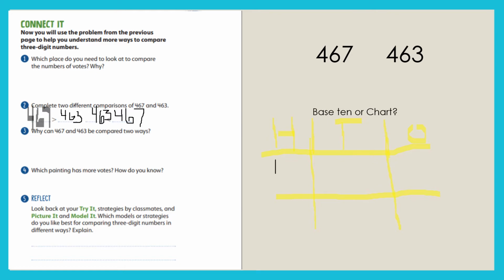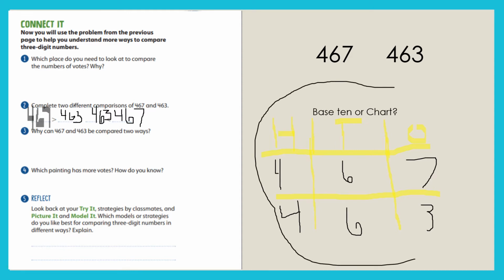So now all I have to do is put the 4, the 6, and the 7 in here, and the 4, the 6, and the 3 in here, and it's easy to compare. So I like using the chart more than the base 10 blocks, because the base 10 blocks take so long to draw and the chart takes just a matter of seconds. But it's a personal preference. You may like doing the base 10 blocks better.